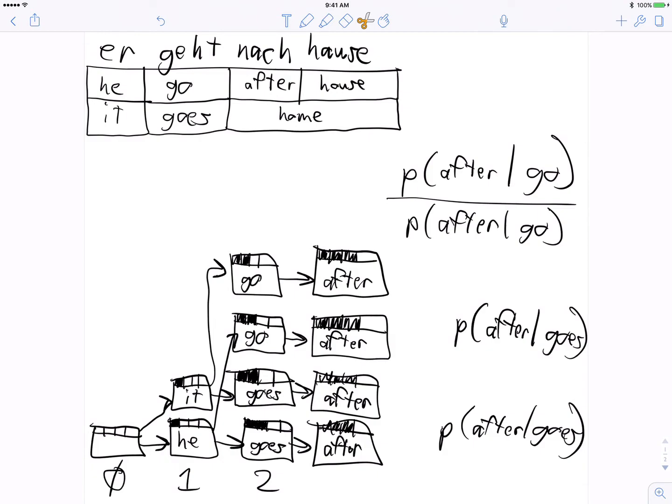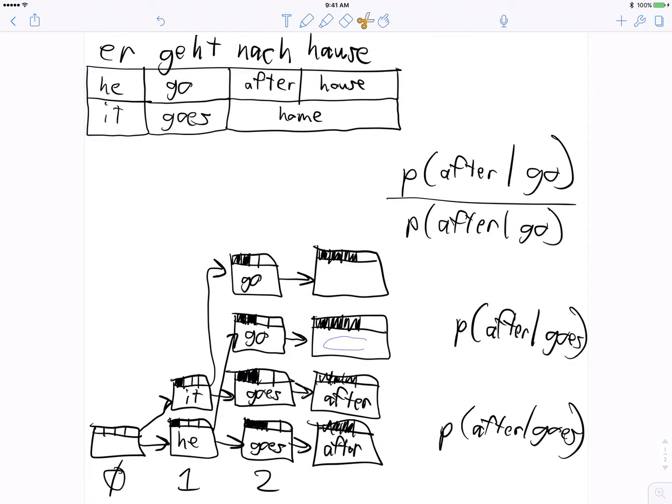This should raise some alarms in a good way. When we extend go by putting anything here, the language model history is going to be the same as in this situation.